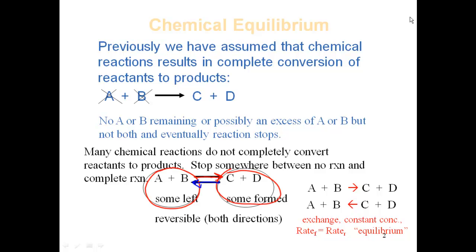Okay? The reaction is still going on, it's just an exchange going on. As fast as A and B is being consumed, C and D is producing it again. So what you end up with is a constant concentration of the different species. Each species has whatever concentration it has, but it becomes some constant value when I reach equilibrium. As fast as I consume it, the other reaction is producing it.